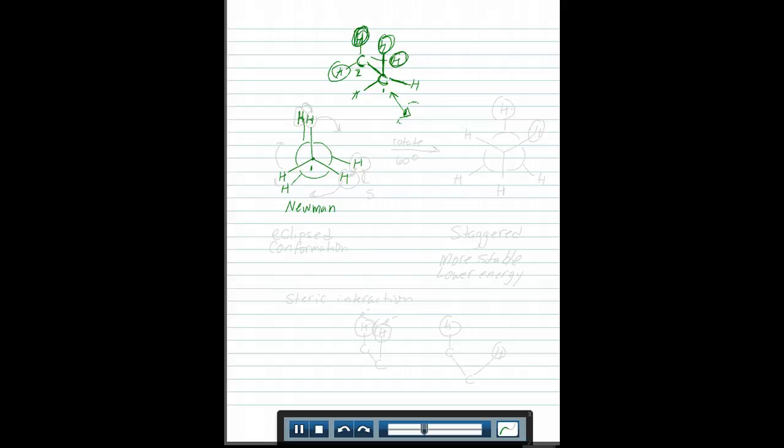Now again, if you make your molecule, it might be easier to see it. But basically these two hydrogens are eclipsing each other, and these two are eclipsing. This is what's called the eclipsed conformation. All right, those are the eclipsed.